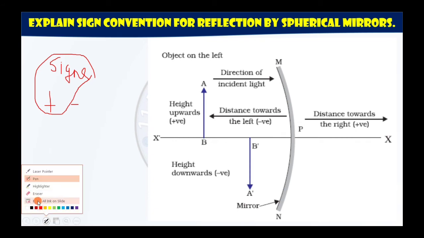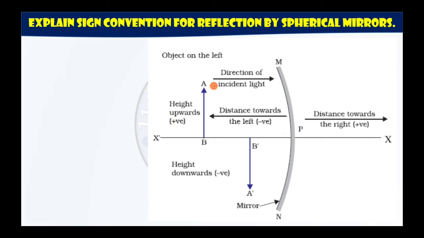First thing that you have to accept is that this point, the pole, you have to consider as origin. You have to imagine an x-axis over here and a y-axis over here. Suppose this is your y-axis, and the intercept is at this point.